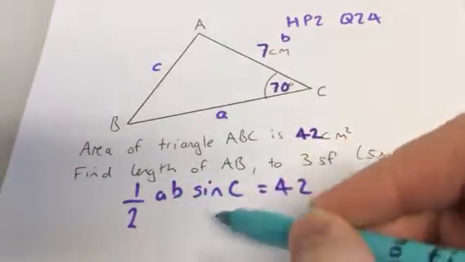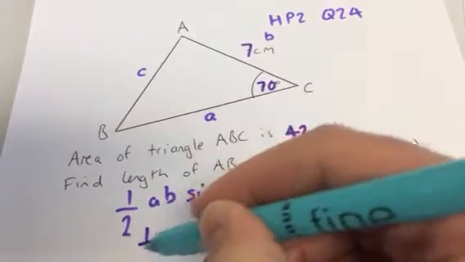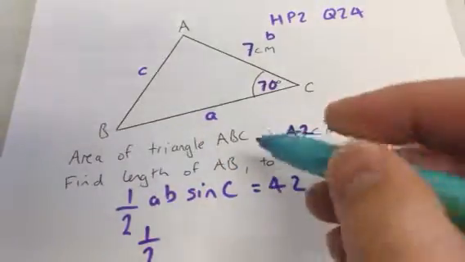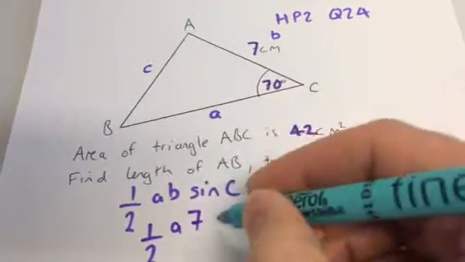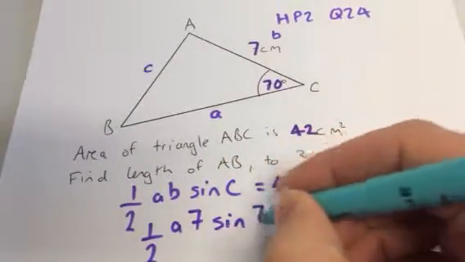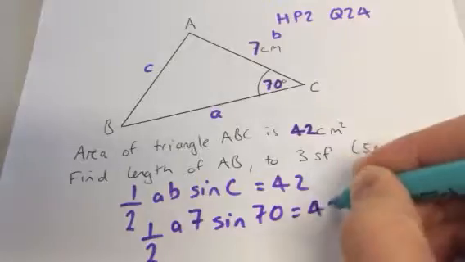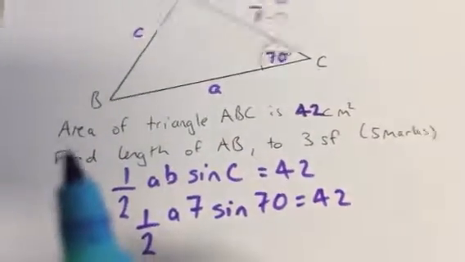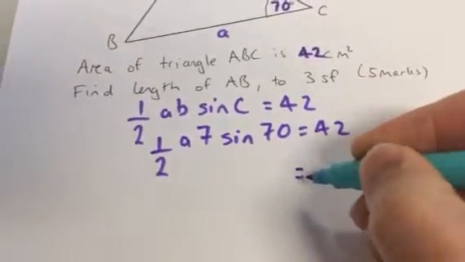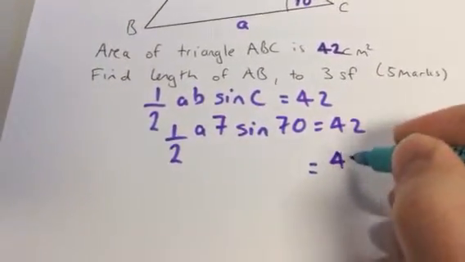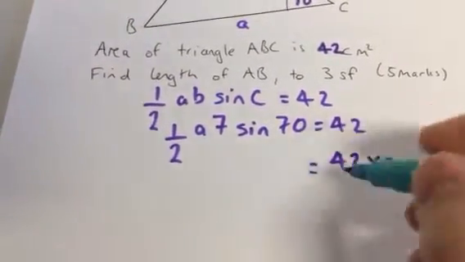So I'm going to substitute in what we know. We know that half we have B, which is 7. We don't have A, so we've got sine of 70. So I'm going to rearrange that. Multiply the 42 by 2.